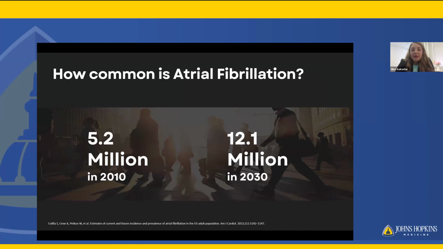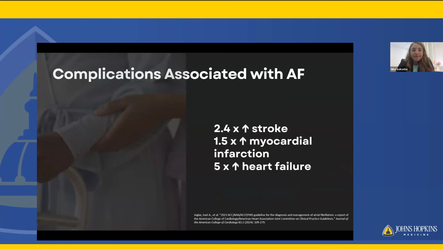If we live long enough, 1 in 4 to 5 people will develop atrial fibrillation over a lifetime. And it's projected that the number of people with atrial fibrillation will increase over time, as we have an aging population and the comorbidities associated with aging.